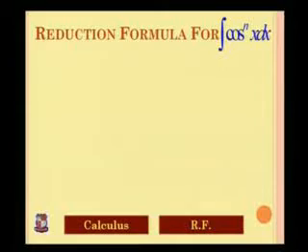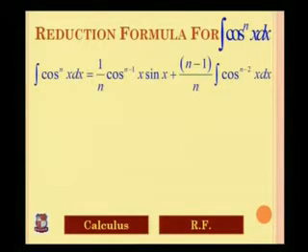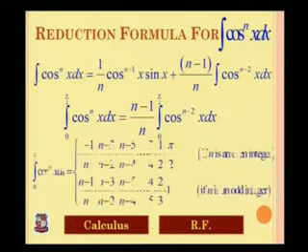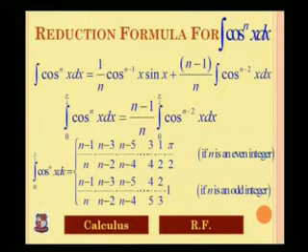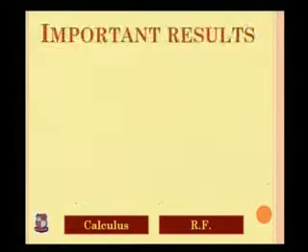After the development, we get the same reduction formula as we developed for sine. The integration from 0 to pi by 2 of cos raised to n x dx is (n minus 1) upon n, (n minus 3) divided by (n minus 2), (n minus 5) divided by (n minus 4), up to 1 by 2 into pi by 2 if n is even, and if n is odd, we have the same formula which reduces to 2 by 3 into 1.